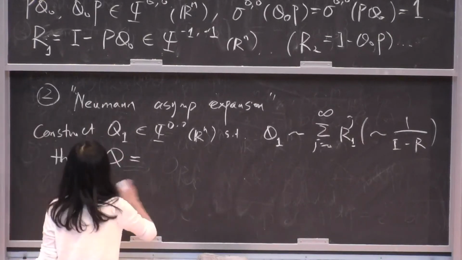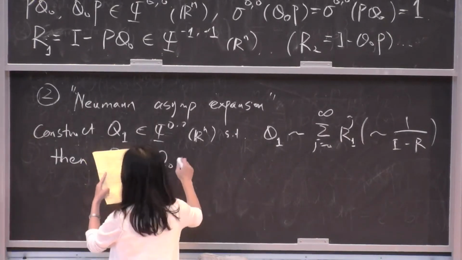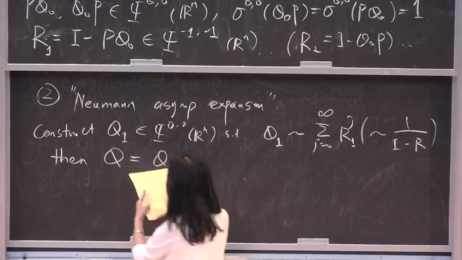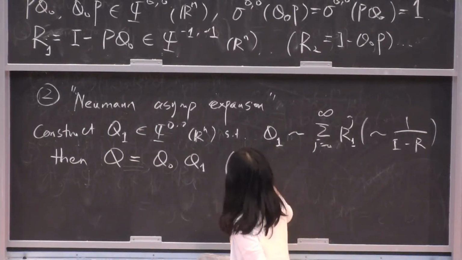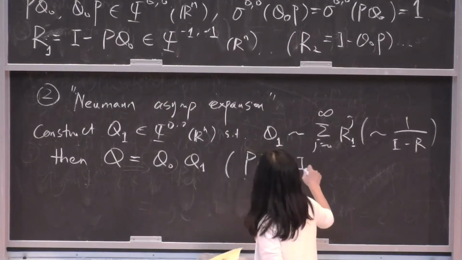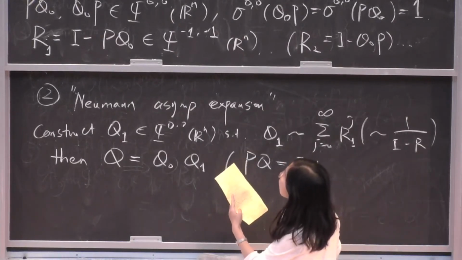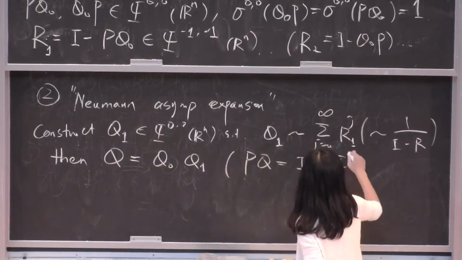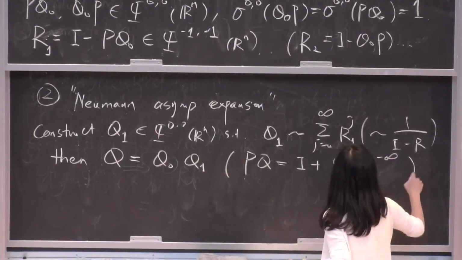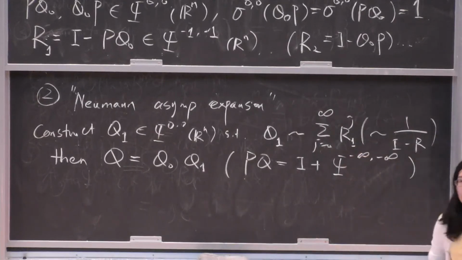And then define my Q to be Q0 Q1. And this will do the trick: PQ is going to be I plus leading lower order terms. Okay.